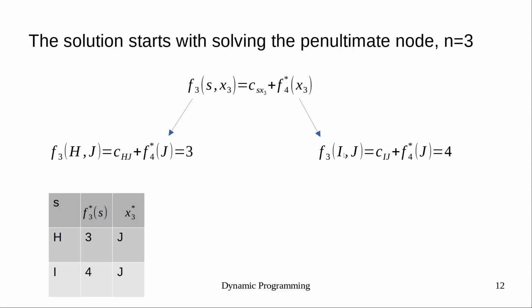Or we have F3(I to J), that is traveling from I to J, which is equal to C(IJ), which is 4, plus F4 star(J), which is 0. So you have the value of F3 as either 3 or 4. So F3 star, you have two values, that is the value in traveling from H to J and the value in traveling from I to J. So this is going to be 3 or 4.